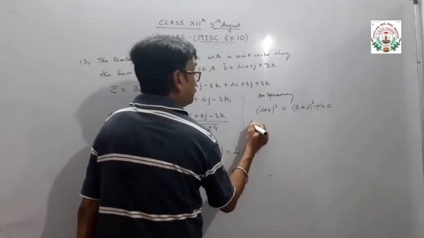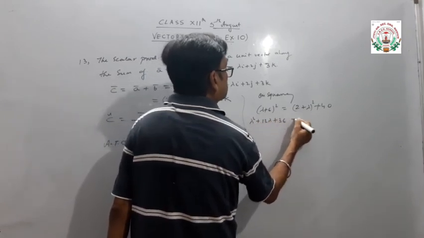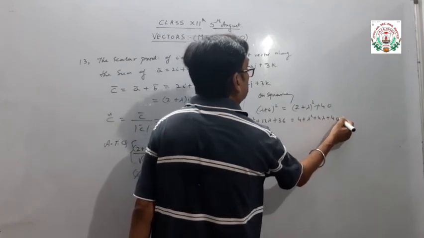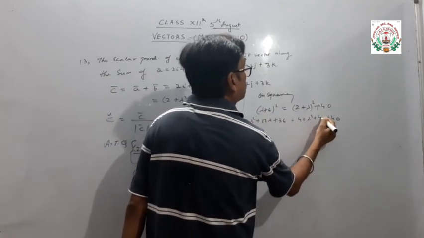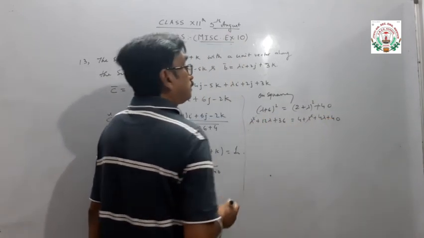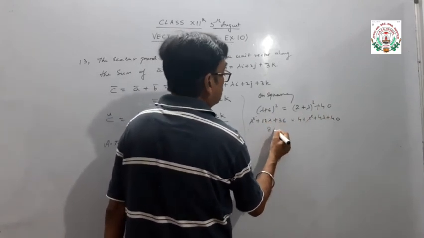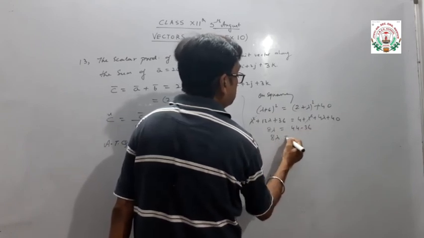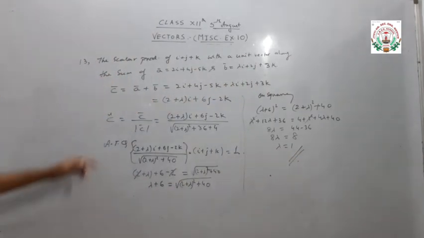We get lambda square plus 12 lambda plus 36 is equal to 4 plus lambda square plus 4 lambda plus 40. Lambda square cancels, 12 lambda minus 4 lambda is 8 lambda, 44 minus 36 is 8, so 8 lambda equals 8, lambda equals 1. So that is our answer for lambda.